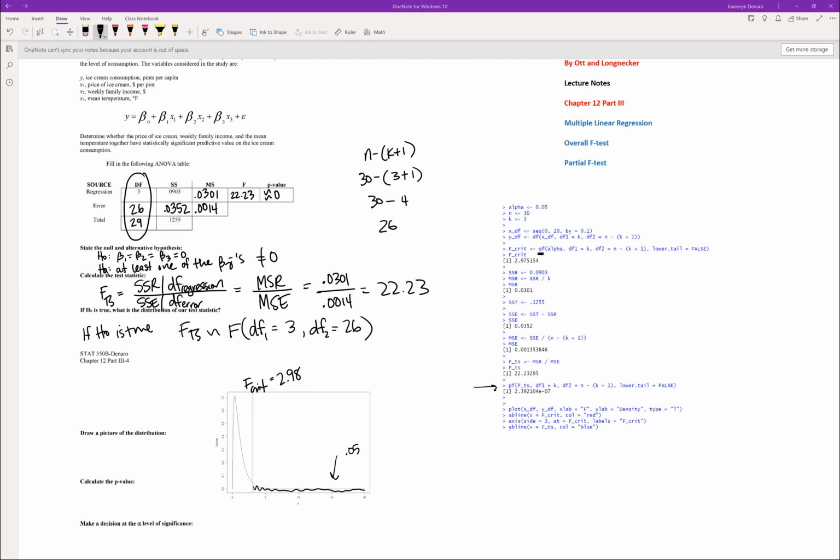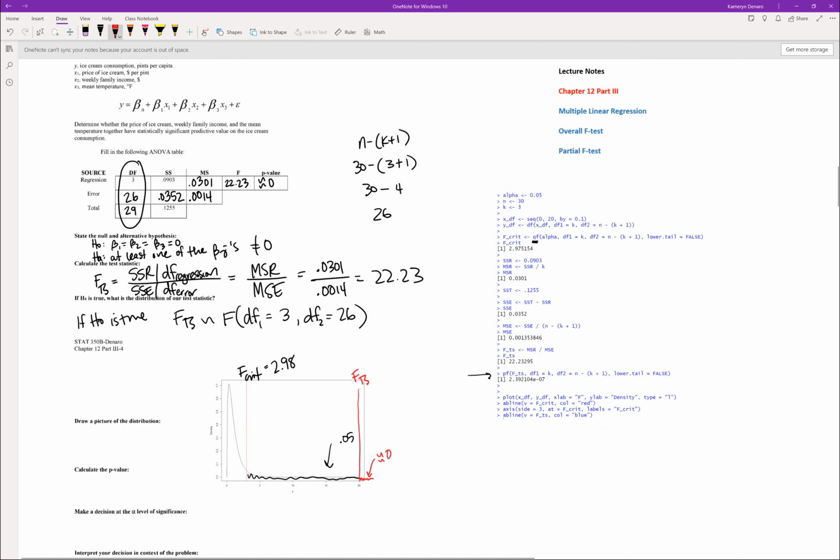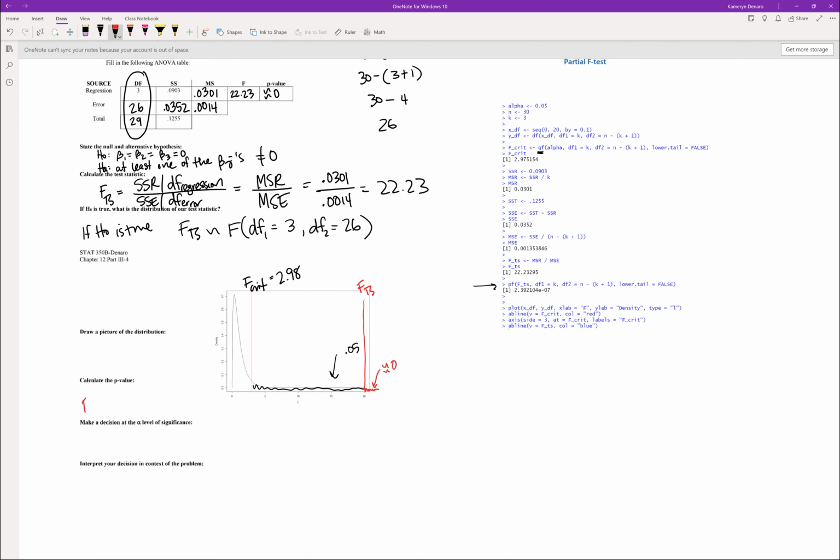Our test statistic was 22.23, so that is way out here, right? Way out here. And this is the p-value, right? That's approximately equal to 0. All right, so overall, this is our test statistic. Our test statistic was beyond the critical value, and our p-value was much smaller than alpha. So our p-value is less than 0.001.